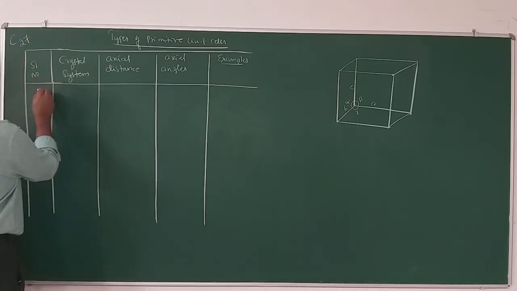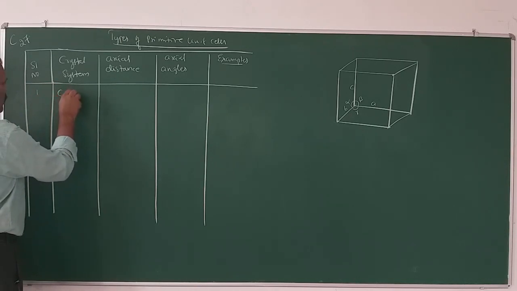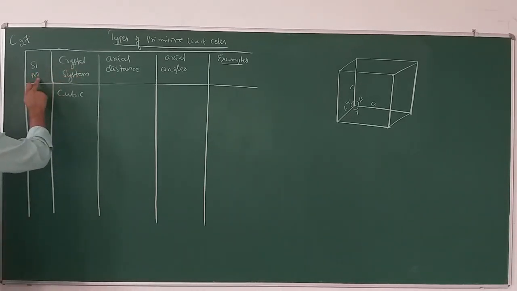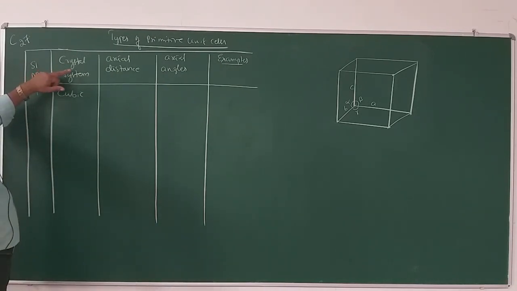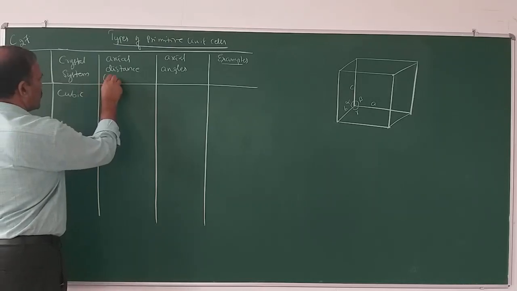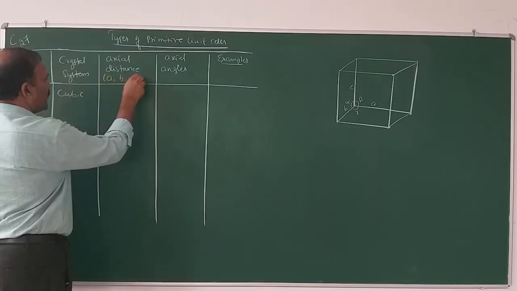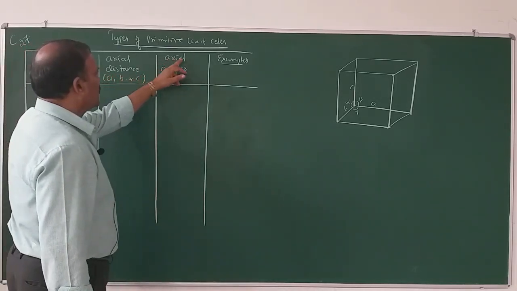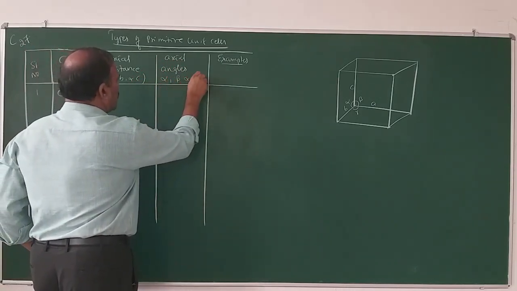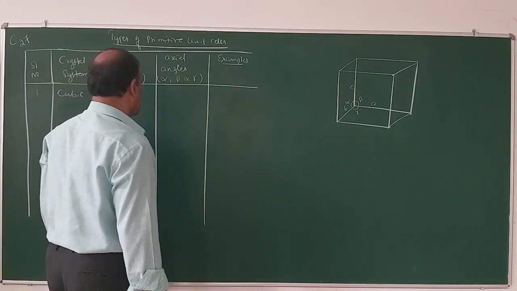Number 1, it is cubic crystal system. The table has serial number, crystal system, axial distances, that is small a, b and c, axial angles alpha, beta and gamma, and examples.